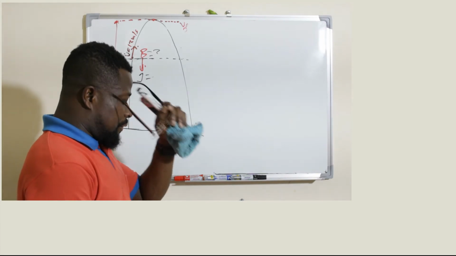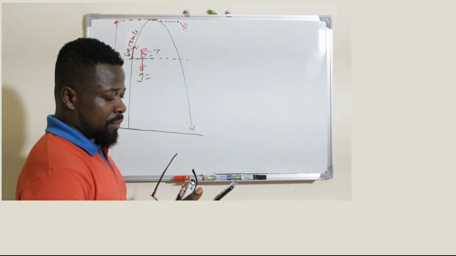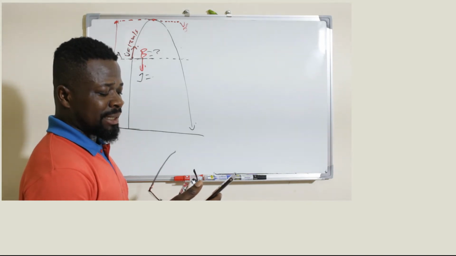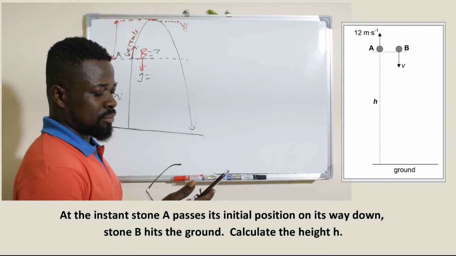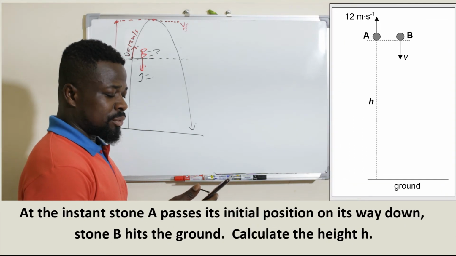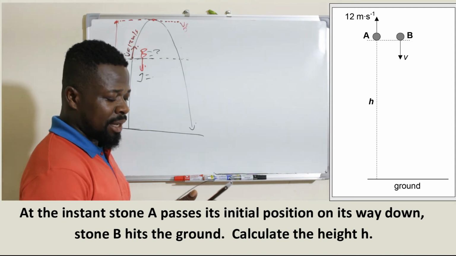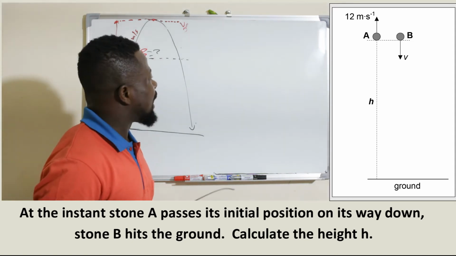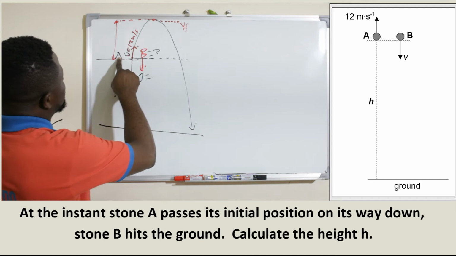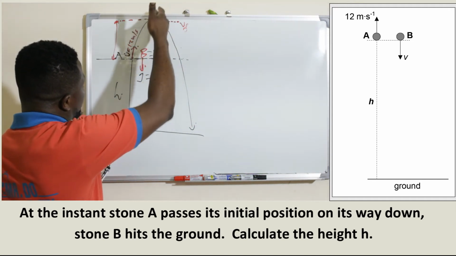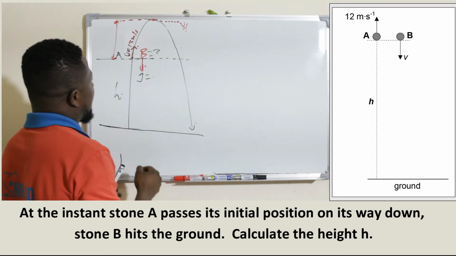Alright, so let's solve the next question there. And the next question is saying, at the instant stone A passes its initial position, on its way down, stone B hits the ground. Calculate the height h. So let's look at it. Stone A was projected until it got to the maximum height, then this B was going down.